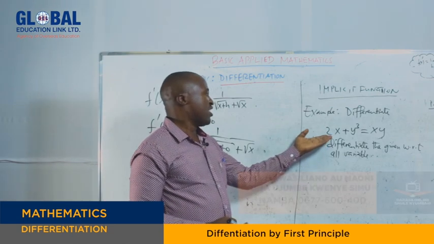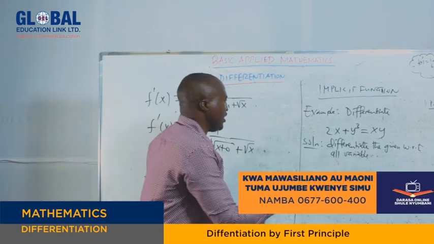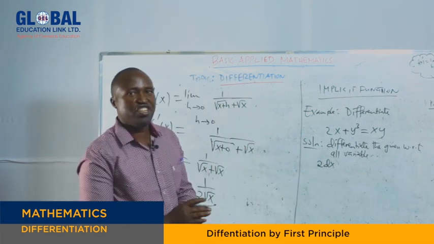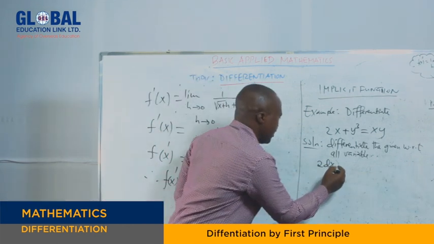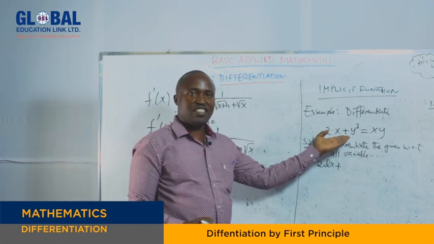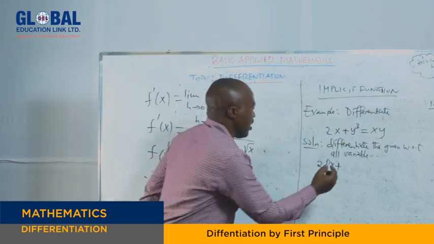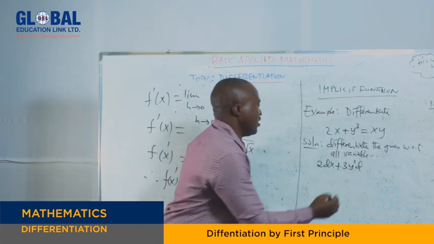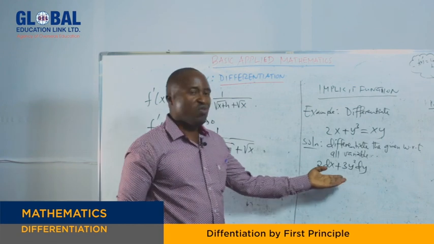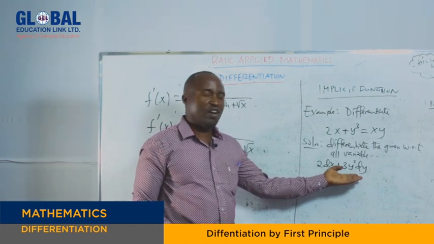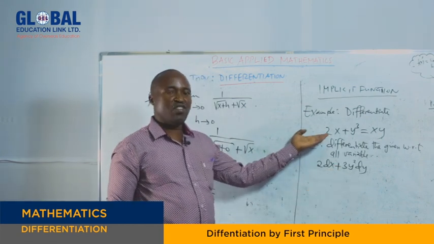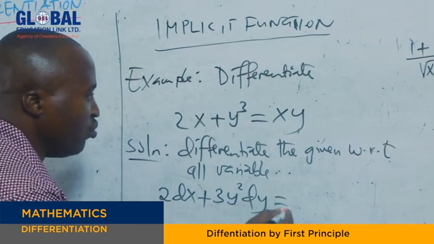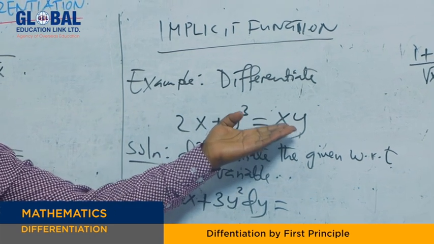Now, starting with 2x, differentiating 2x gives 2dx. Then plus, differentiate y cubic, that is 3y square dy. Why dy? Because we are dealing with the variable y. Here we are dealing with the variable x, that is why we write 2dx, which is equal to, now here we have the mixture of x and y.